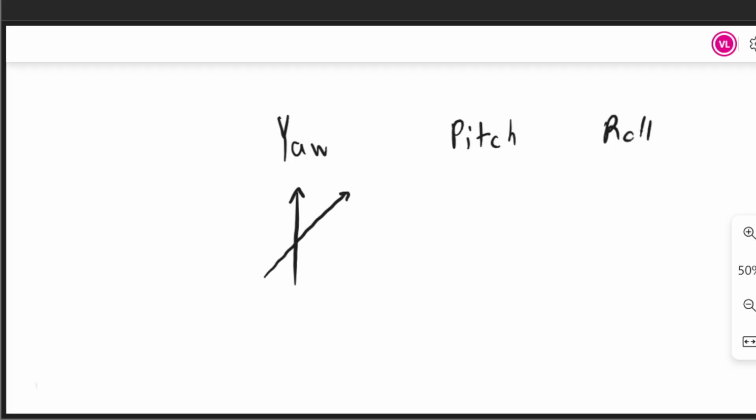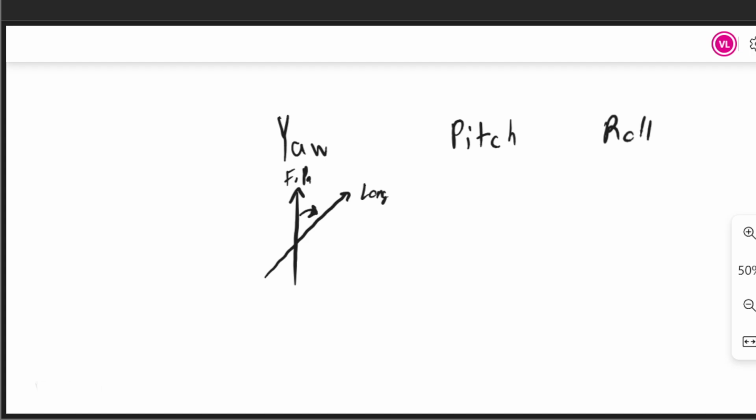So we've talked about three angles already: yaw, pitch, and roll. For yaw, we're simply looking at the flight path versus your longitudinal axis angle.